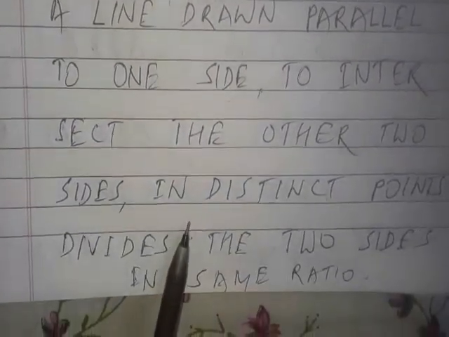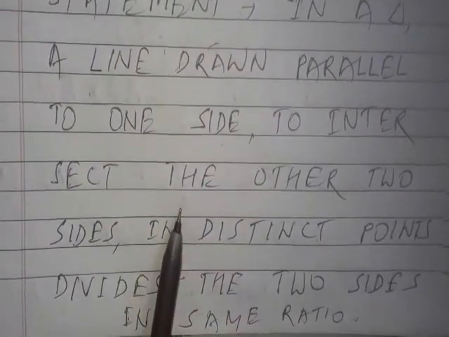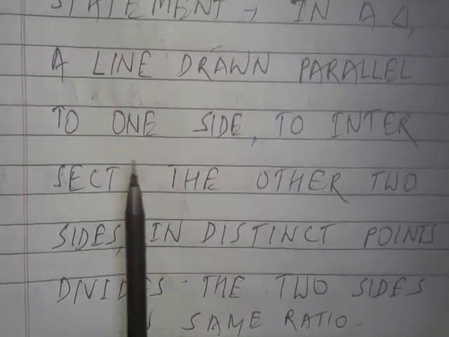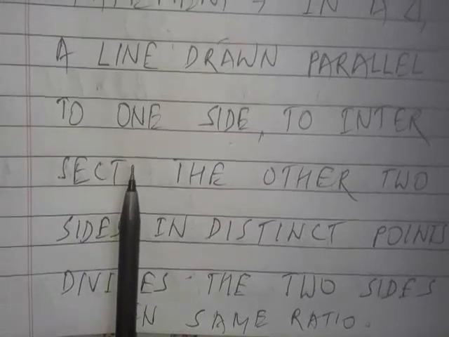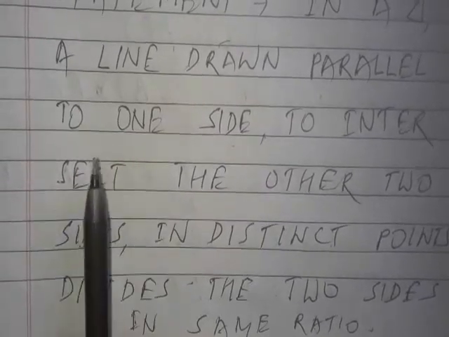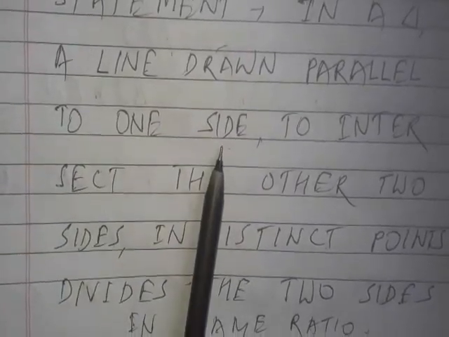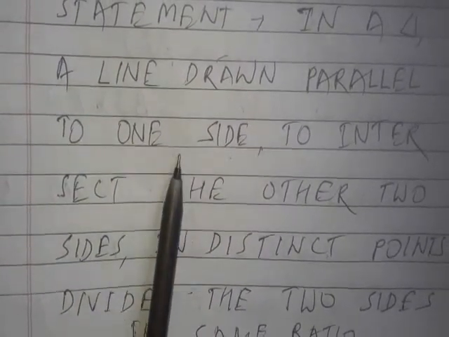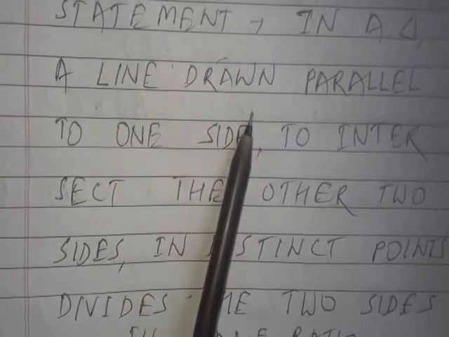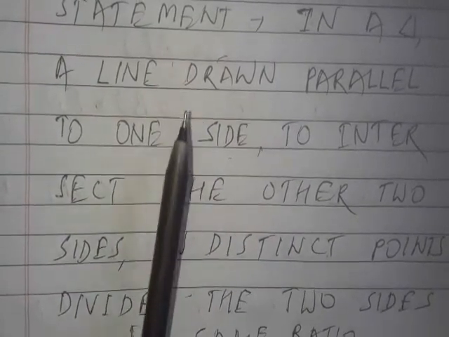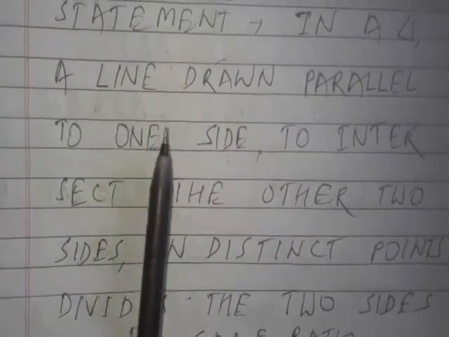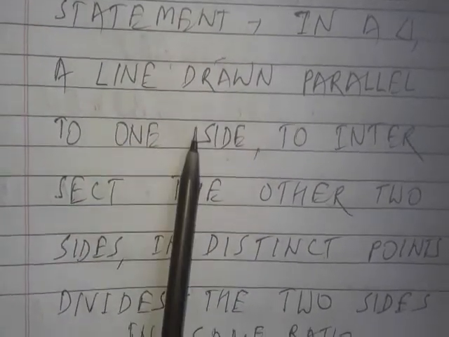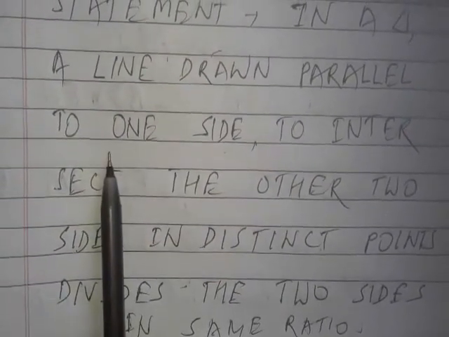It means that if in a triangle a line is parallel to any side, then it will divide the remaining two sides in a proportion, in an equal ratio. That we have to prove. It is the basic proportionality theorem, that in a triangle the line drawn parallel to any of the sides will divide the remaining two sides in a proportion or in equal ratio.